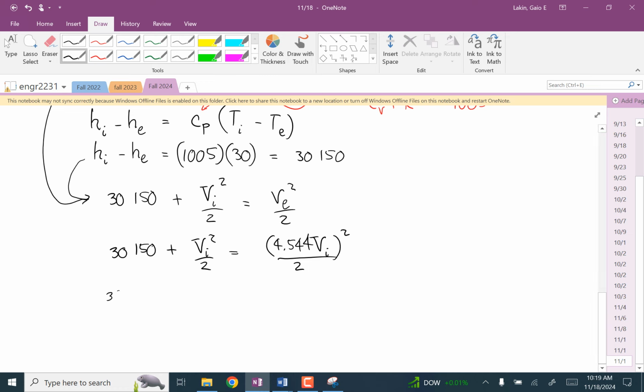Okay, so I think we get 30,150 is equal to 9.82 VI squared. And so VI is equal to 55.